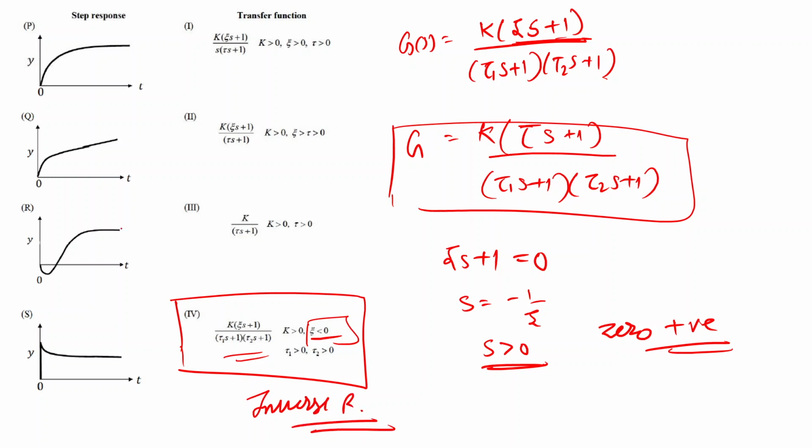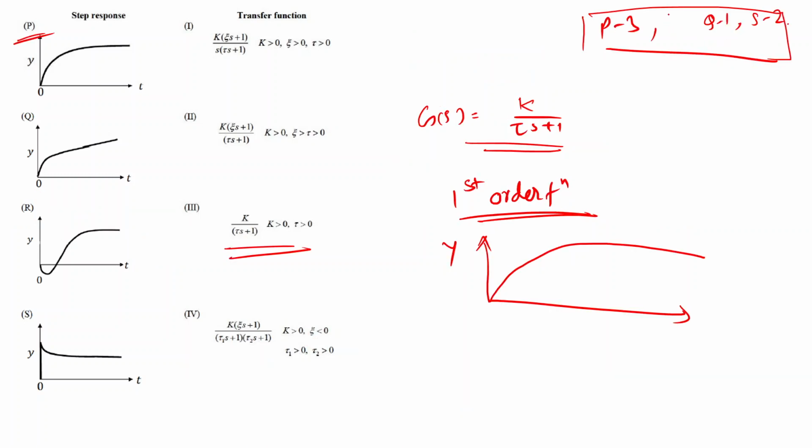Now from the given plot, this option R, we can see that initially the output is negative and then it will eventually reach a steady state at a positive value. That is, this is our inverse response. So corresponding to this option 4, we have this plot of R. So R will correspond to 4, and over here we can just write R is equal to 4.